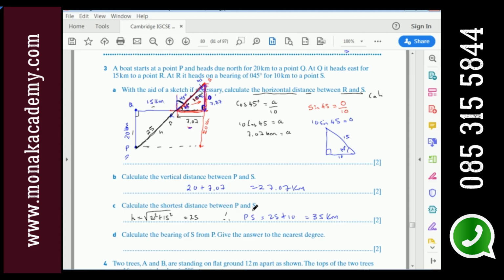Obviously if we draw a compass here, what we want is that angle. 45? Are you sure? It's not really 45. Because we have a right angle triangle, we have all our sides, so we can calculate.